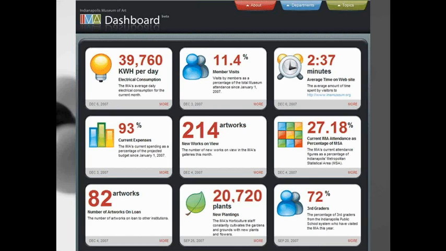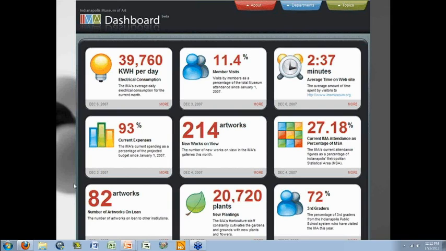What this museum is looking at: they are looking at how much energy they're using, how many member visits they're having to their website, the average amount of time people stay on the website, their current expenses. What kind of new works of art are they showing? Various attendance figures.